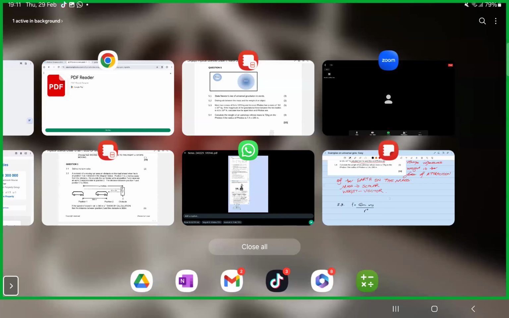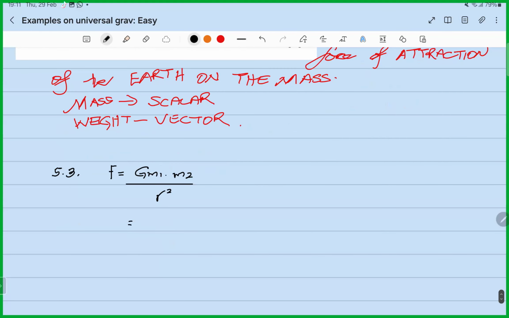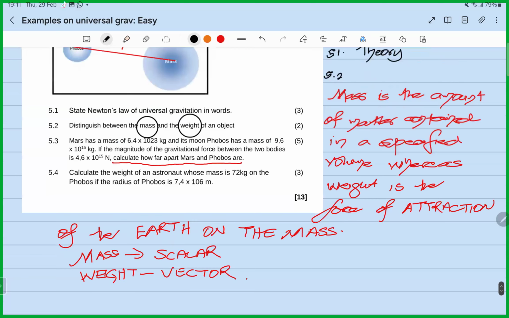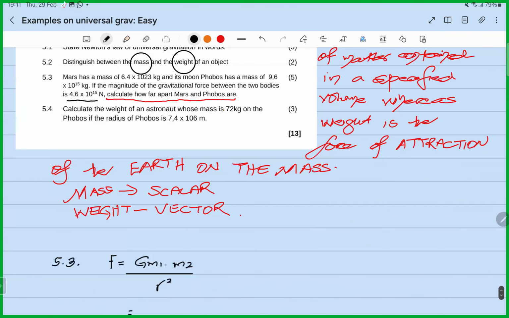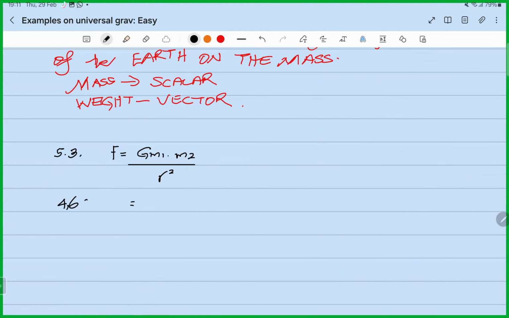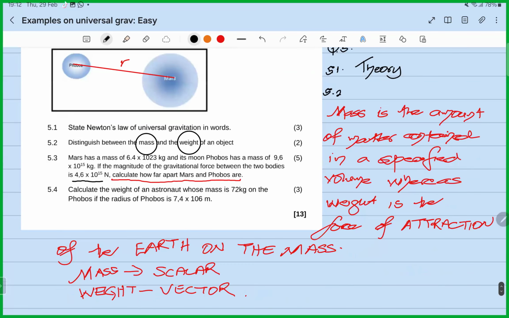Right, so they gave us the force, 4.6 times 10 to the 15 newtons. The value of G, 6.67 times 10 to the minus 11. The mass of Mars, 6.4 times 10 to the 23.